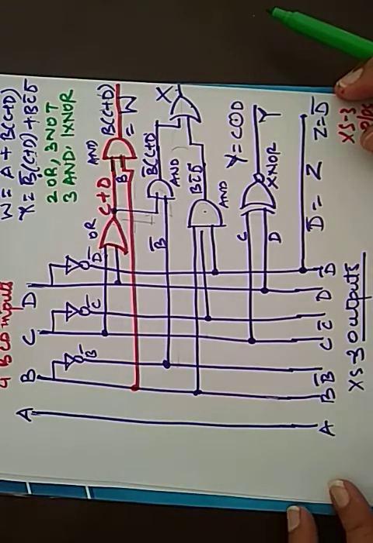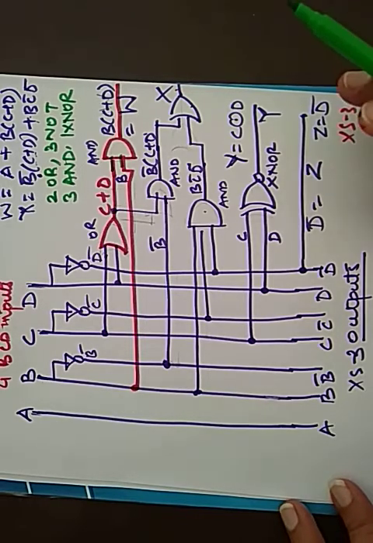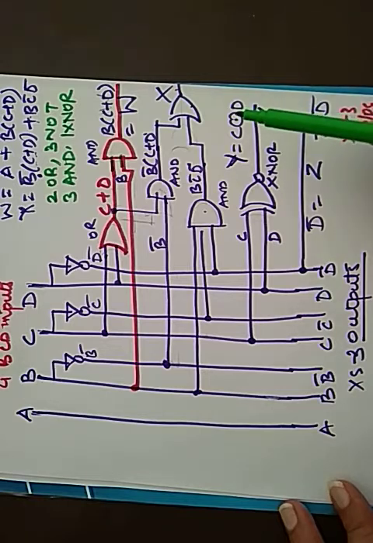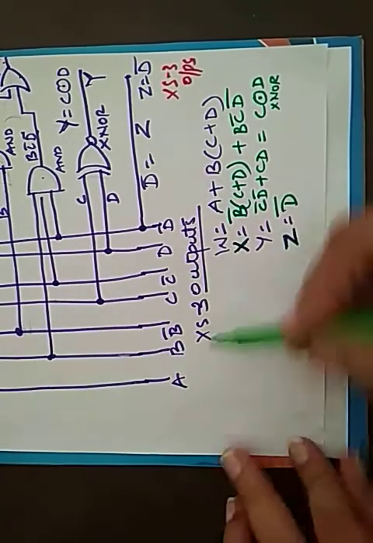So this was the complete procedure of designing any combinational logic circuit. You first start with the block diagram. Let me just revise it over here.